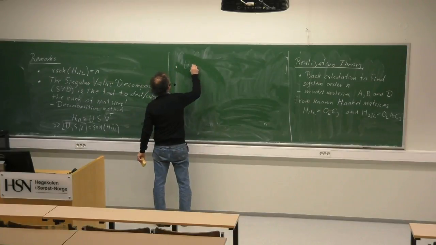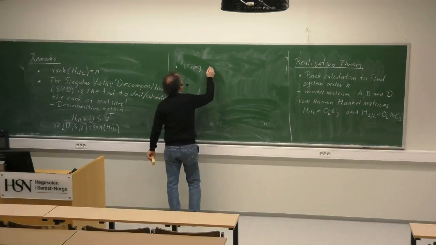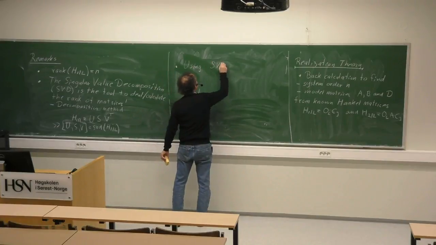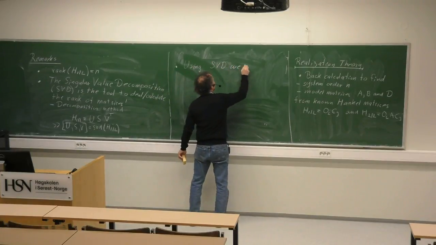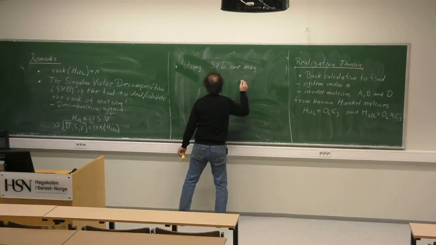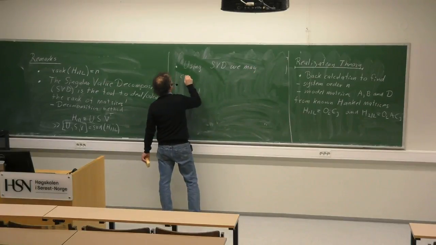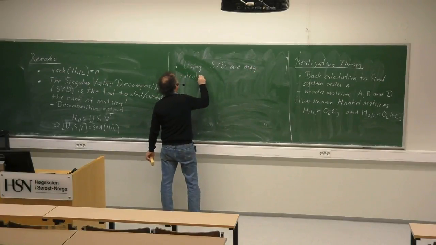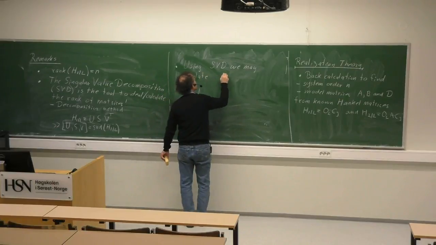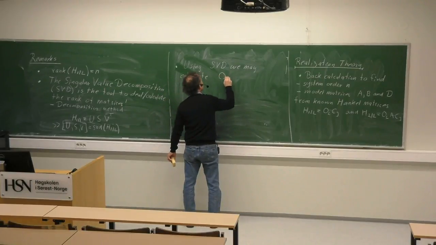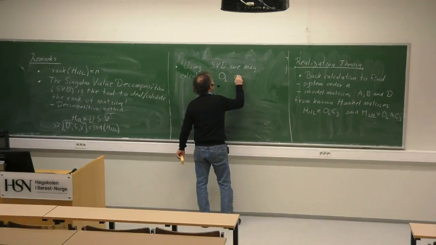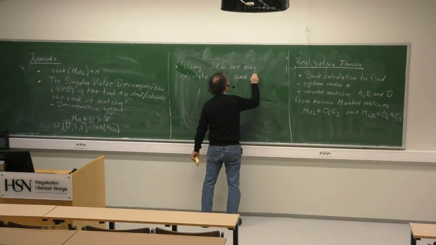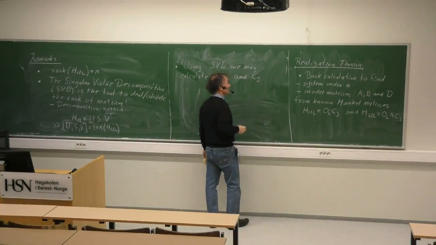Using SVD we may calculate the extended observability matrix OL and the controllability matrix HJ separately.